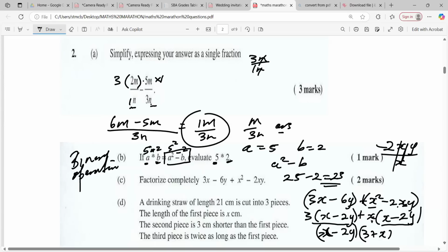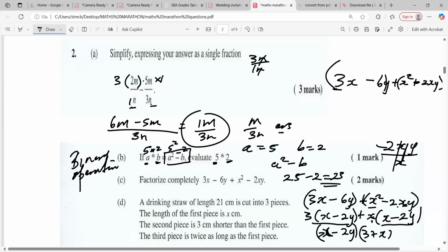Yeah, all right. When you factorize by grouping, right, you take out the highest common factor. So you take out the highest number that can go into 3 and 6. Let me just put this. Oh, this was minus 2xy.